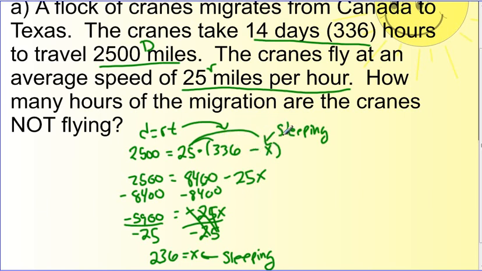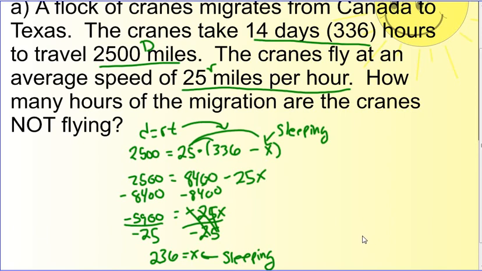If we subtract that piece out, what we're left with is just the actual flying time. But since we didn't know what the sleeping time was, we just left it as a variable. When we did our little bit of solving here, we found that they were actually sleeping or eating or whatever else for 236 of the 336 hours.